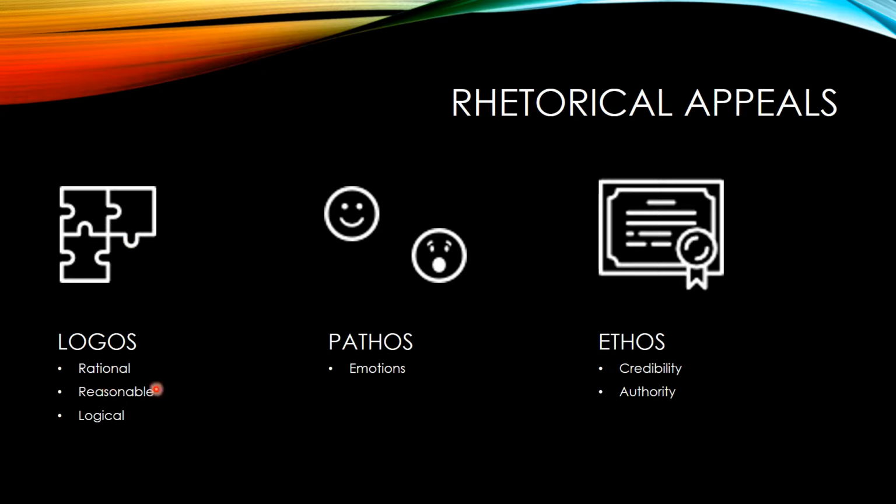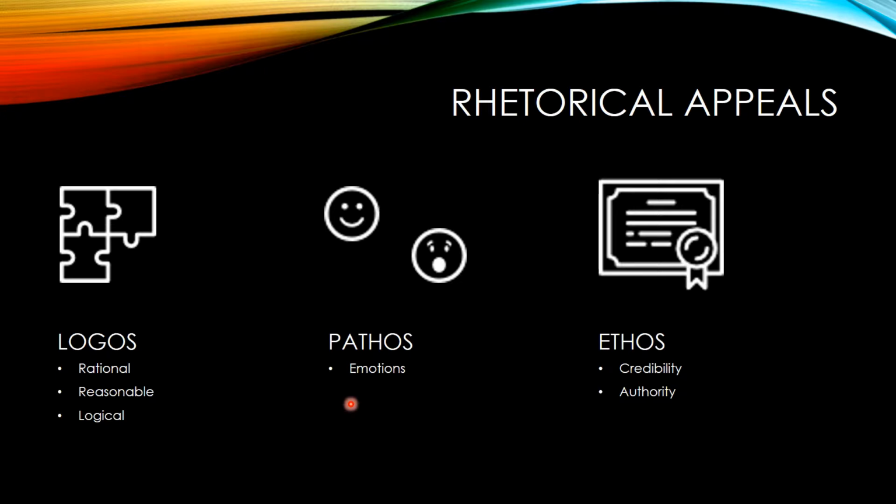So logos, as you can see, is rational, reasonable, logical. This is appealing to your audience's common sense, to their critical thinking, to their logic. Next, we have pathos. This is the emotional appeal. This is making them think of happiness or sadness or anger.